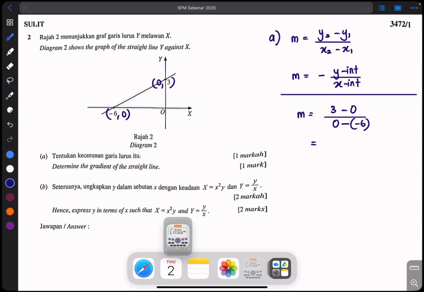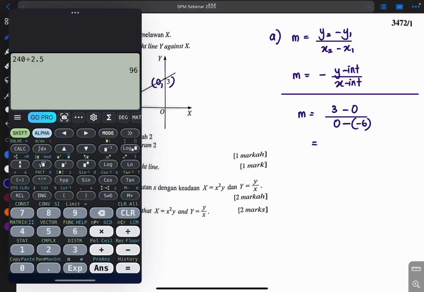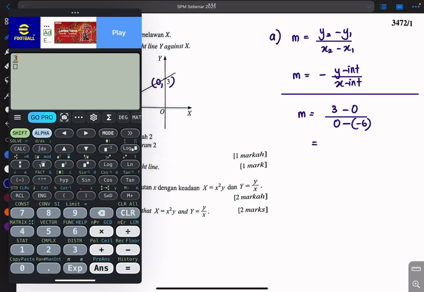So you can use your calculator. 3 minus 0 is just 3. 0 minus negative 6 would be 6. So we get 1 over 2. This is the gradient.